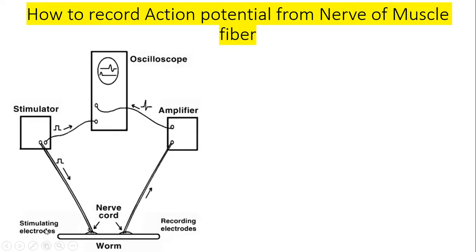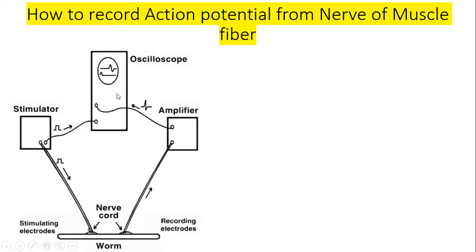In order to stimulate, we are using a stimulating electrode, and in order to record, we are using a recording electrode. We use a stimulating electrode on one side, and after a short gap, we use a recording electrode. To stimulate, we use a stimulator, which, as we said before, is a current source that generates a pulse for a short period of time. Using this, we can stimulate the muscle.